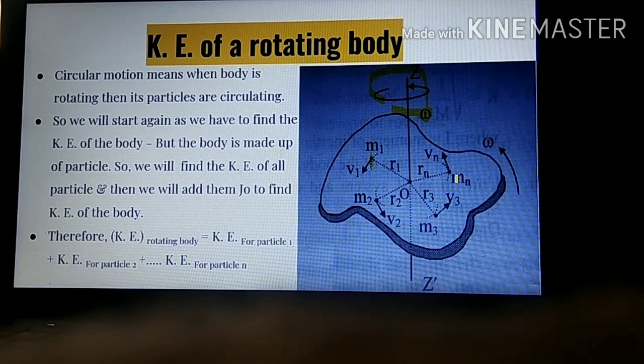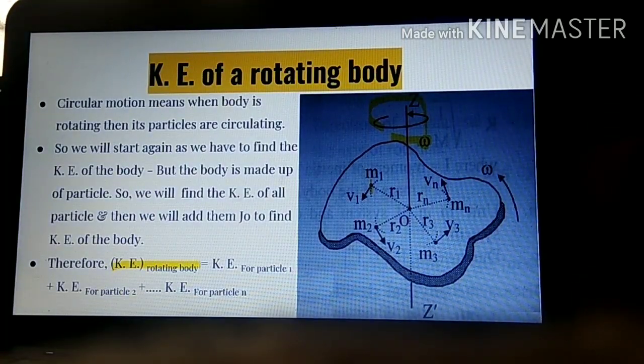Like this we can go up to the nth particle, with mass mn, distance rn, and linear velocity vn. We know that this body is made up of n particles, so we will find the kinetic energy of all the particles, and for the whole body we will add all of them.